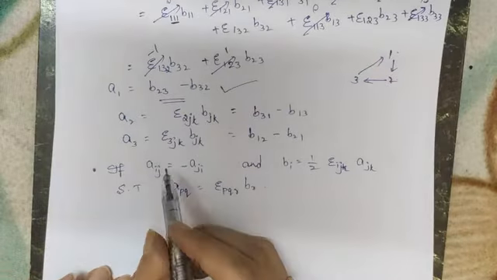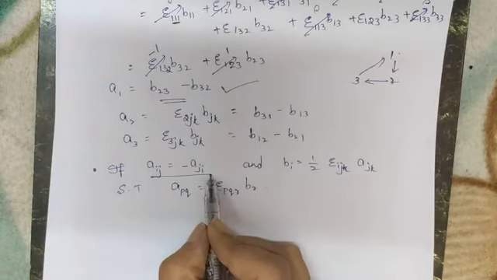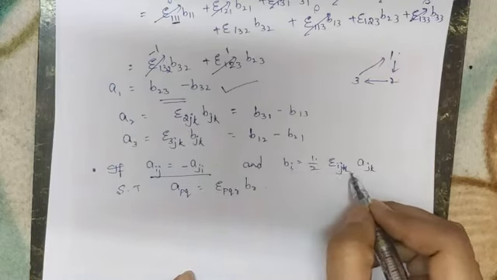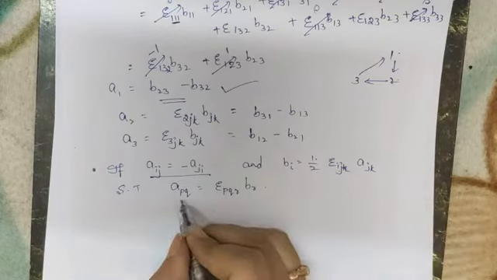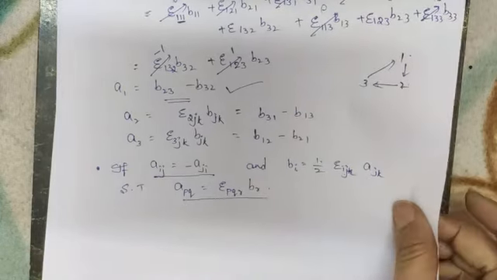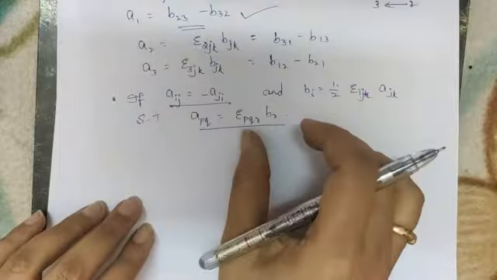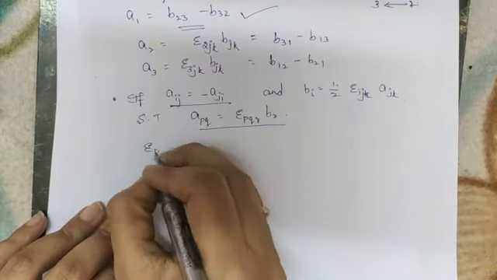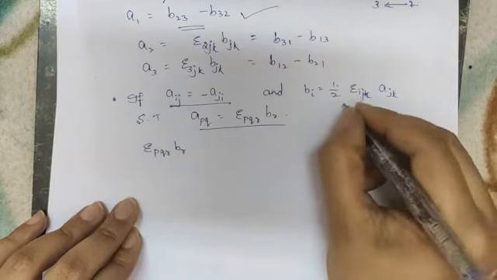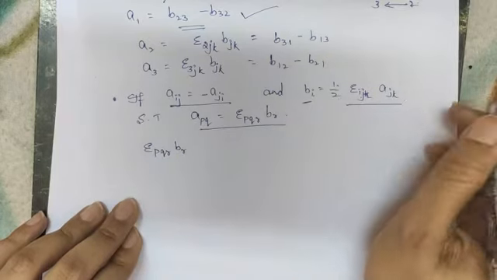The next problem is, if aij is equal to minus aji and bi is equal to 1 by 2 epsilon ijk ajk, we have to prove that apq is equal to epsilon pqr br. Okay. So what I will do is, I will consider your RHS part, that is epsilon pqr into br. From the given thing we have bi.